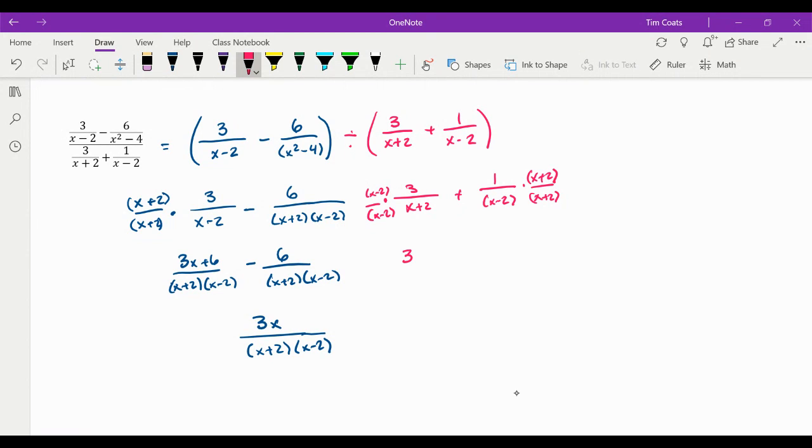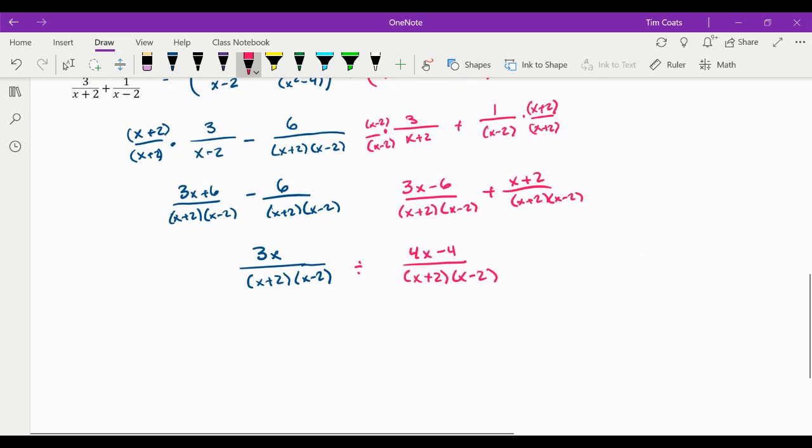So I get 3x minus 6 over x plus 2, x minus 2, plus x plus 2 over x plus 2, x minus 2. While this might seem a little bit complicated, what you're mainly doing here is the same kind of process that we've done in the other lessons when we added, subtracted or simplified, but now we're throwing them all together. At this point, it's completely factored. We're ready to do the division part.